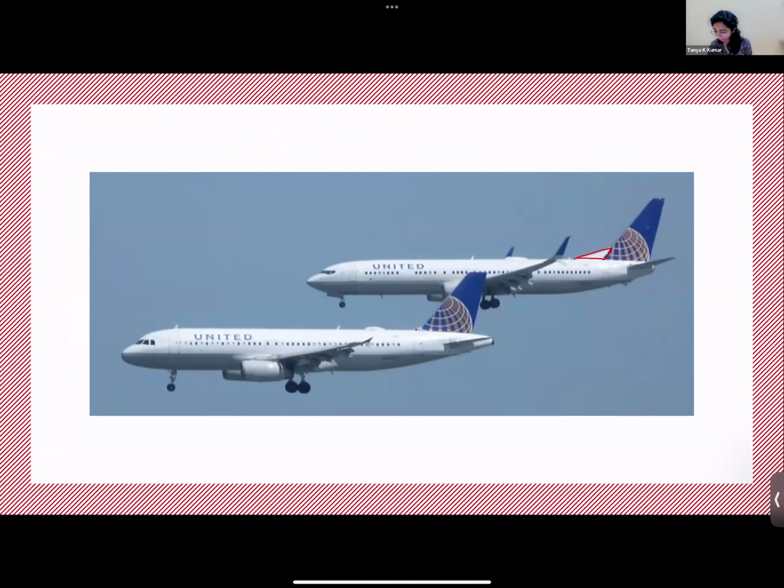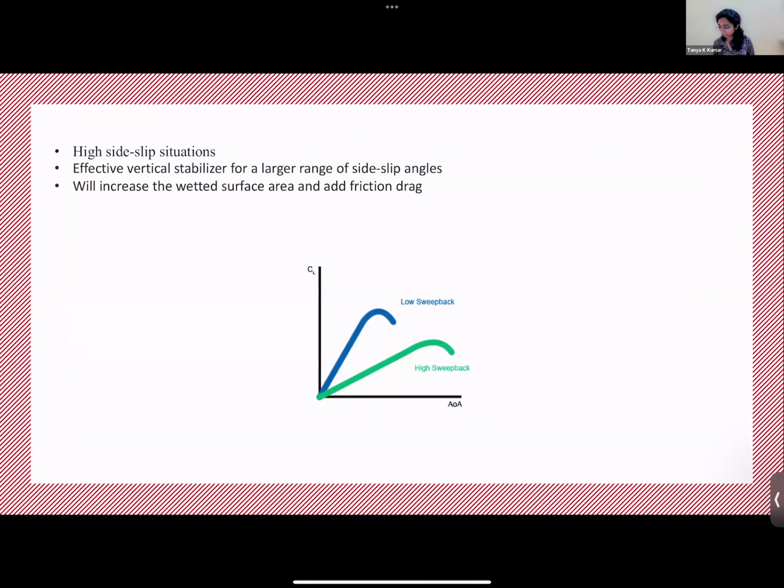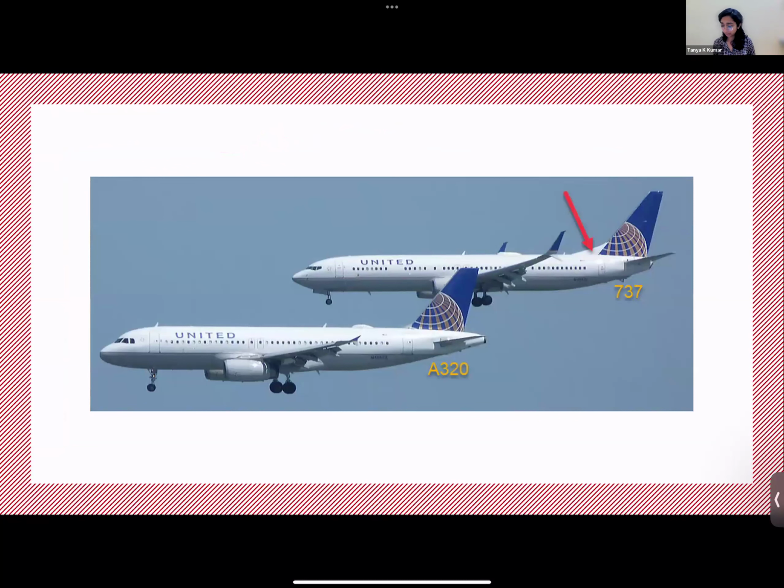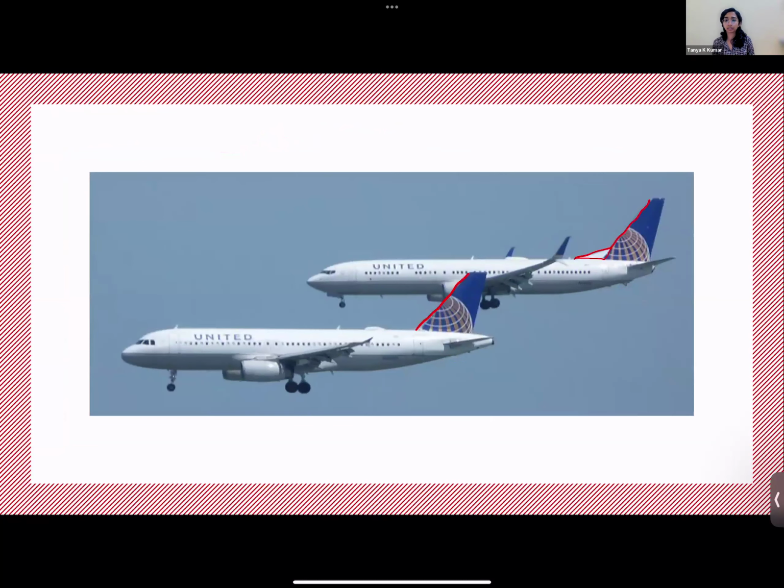This has a linear slope, right? So this has varying slopes, correct? So the first aircraft, the one above, has a dorsal fin. The second aircraft, which is very similar, does not have a dorsal fin. So these aircrafts are the 737 and the A320. So why is this dorsal fin used?